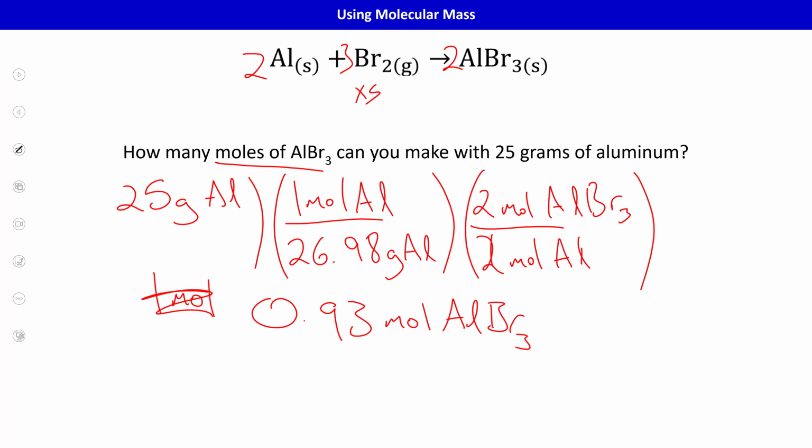How many grams is that? And then we'll be done. We made 0.93 moles of aluminum bromide. How many grams of aluminum bromide did we make?